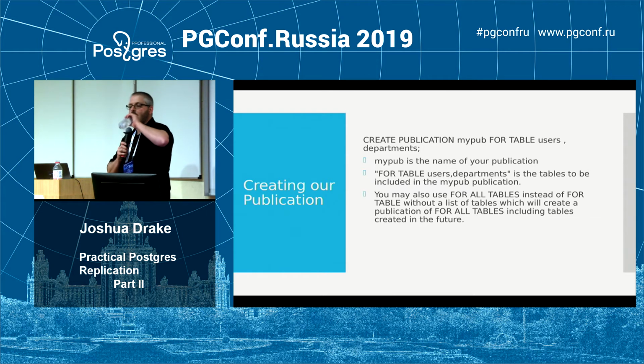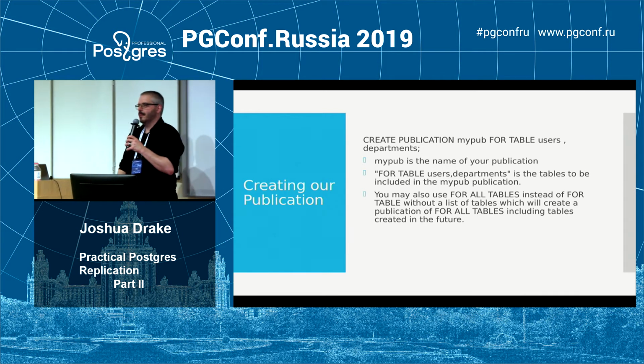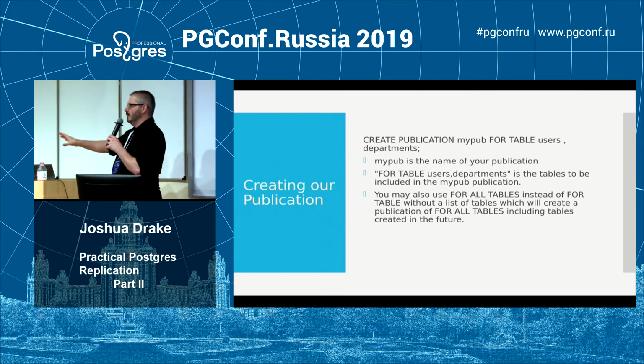What it's saying is, if I want to create a publication that's the whole database, I don't have to list out every table. Whole database right there, my_pub. But I don't want to have to alter that publication every time I add or drop a table. So if I add or drop a table, the publication will automatically update.